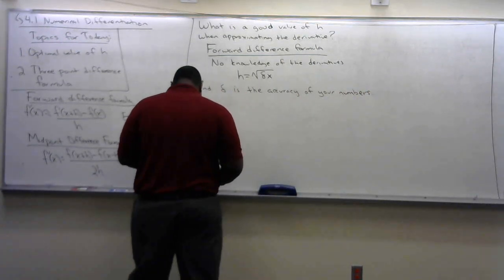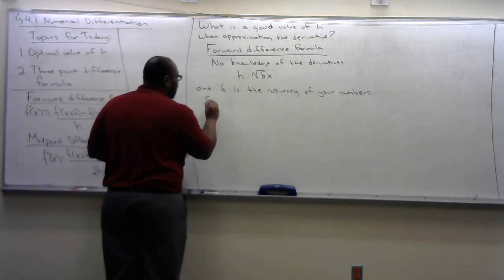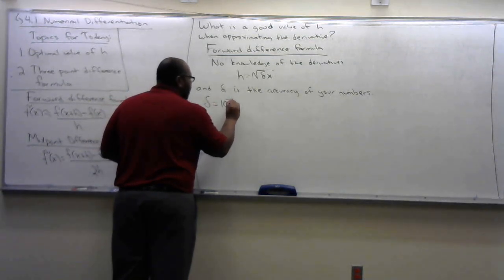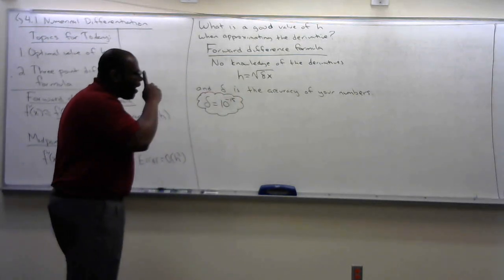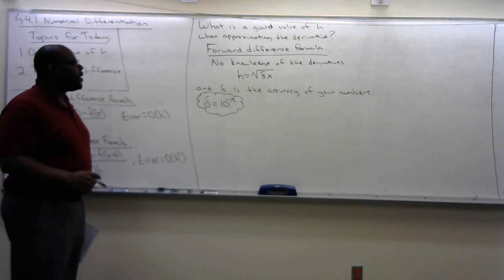Here, I'm going to just choose delta to be equal to 10 to the negative 15, so it's approximately 14 decimal places of accuracy.